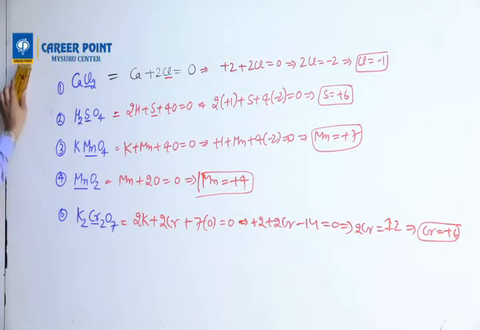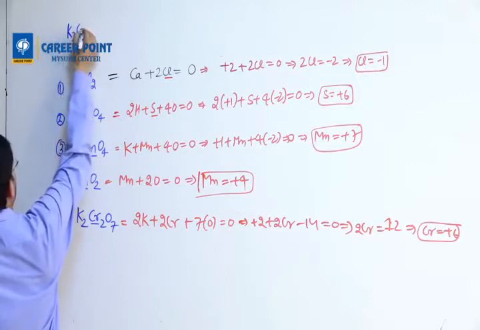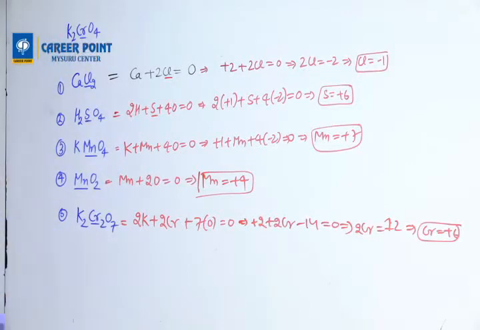Okay. Now try to solve this question also. K2CrO4. Find for chromium.